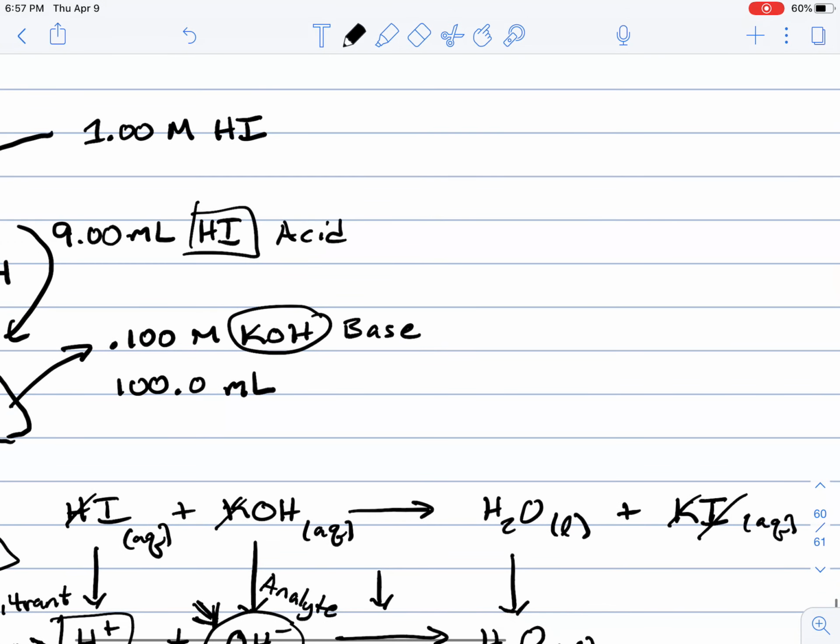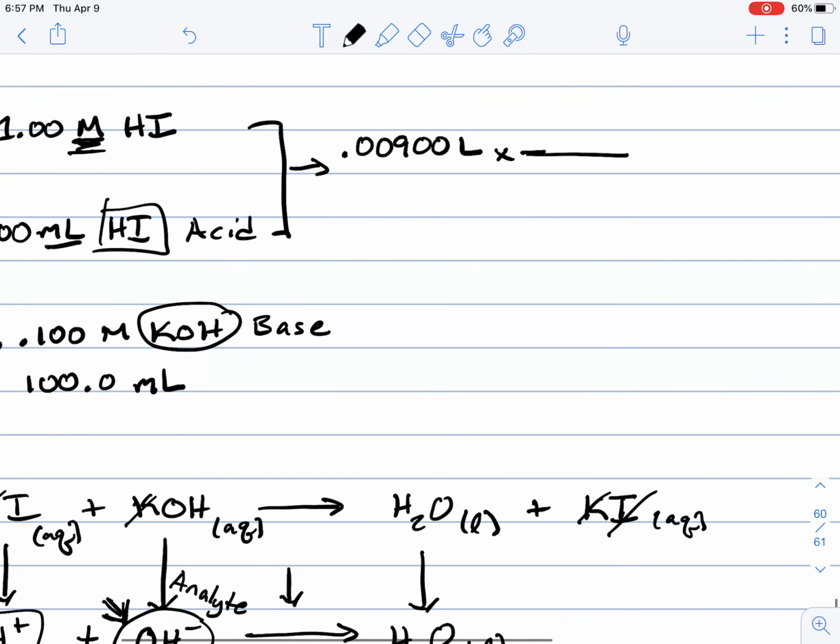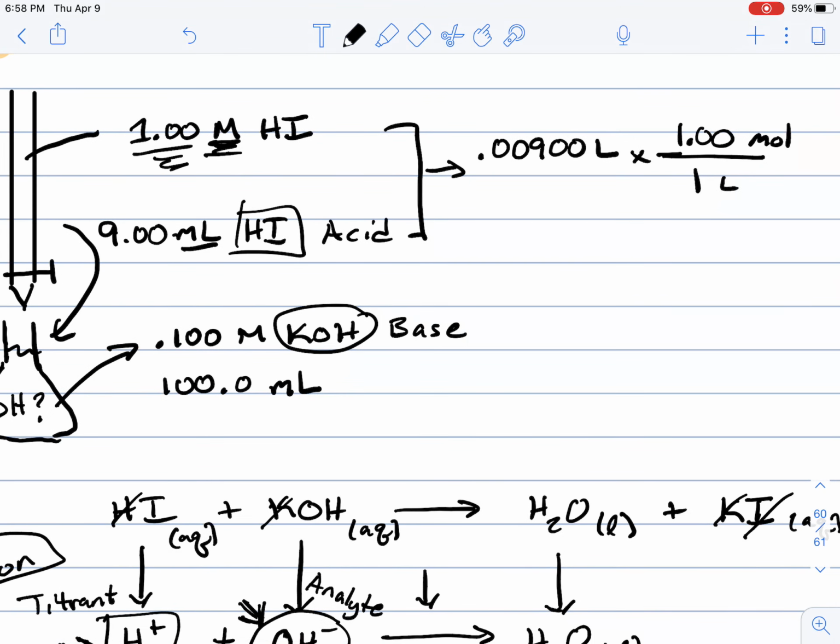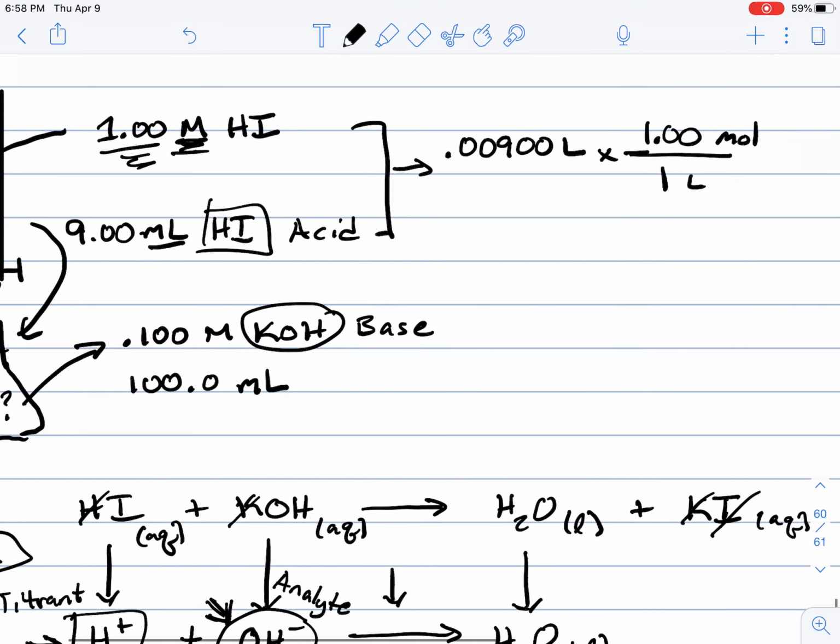To figure out the moles, I'm going to multiply these two, molarity and volume. My volume has to be in liters because molarity is in liters. So I'm going to move the decimal place 3 times to the left: 0.00900 liters times 1.00 mole for every 1 liter. That's what I'm grabbing, that 1 mole from what I just underlined.